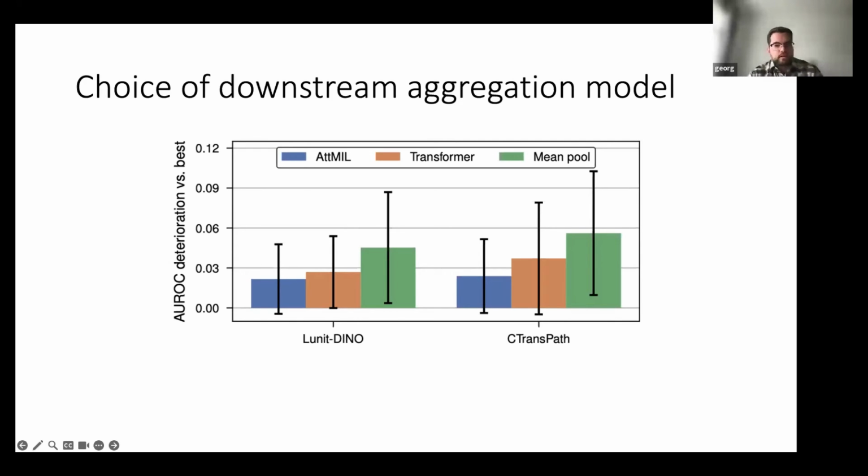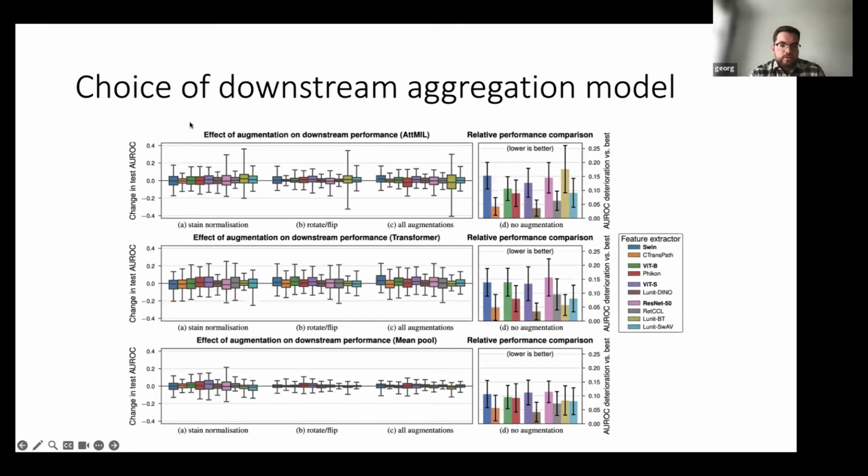Finally, I'll just quickly show all the results. Mainly the graphs I showed earlier were looking only at attention MIL as the downstream aggregation model.